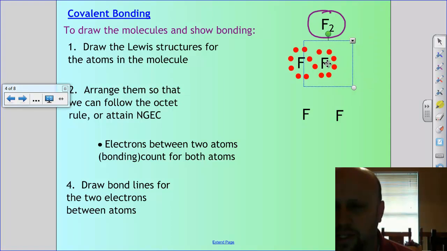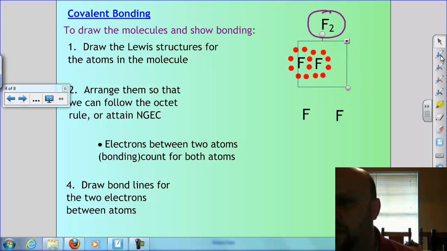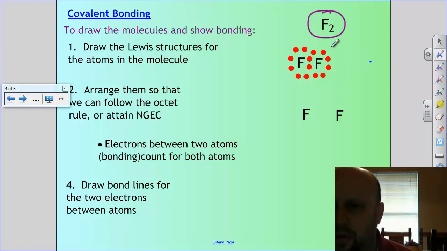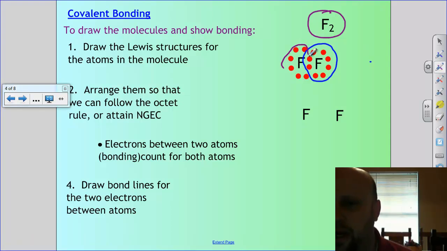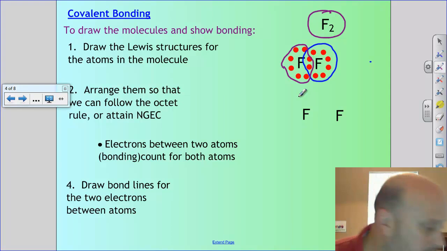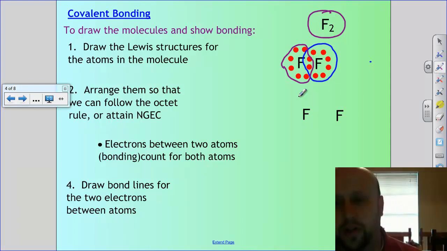I'm going to slide them over so that they overlap. And then what you can see is if I circle just one of them, let's say this one right here, it now has 8 valence electrons. And conversely, if I circle the other one, and only get the ones that are shared, then it also has 8 valence electrons.